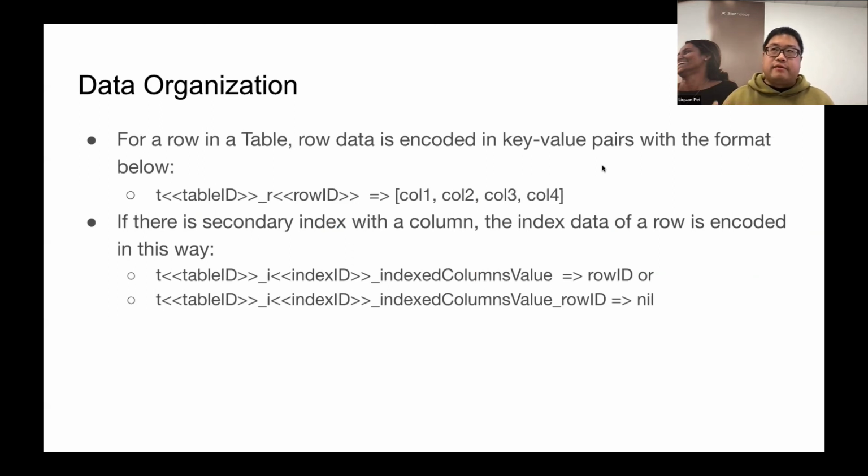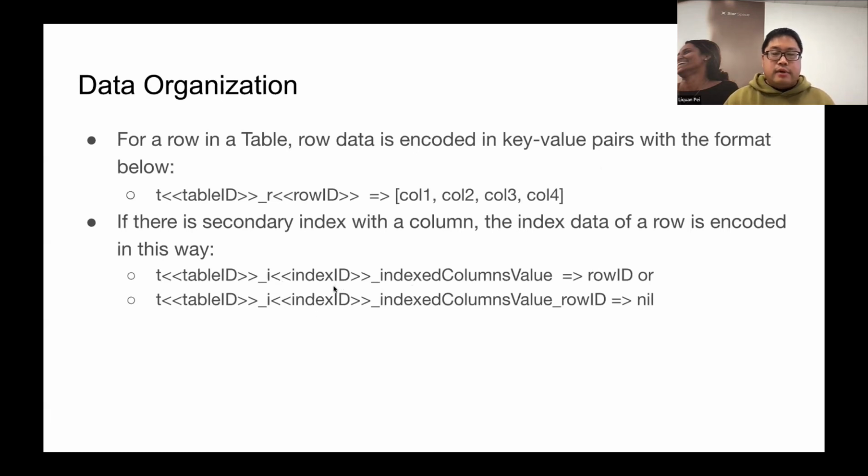We do the same thing for the indexes. An index is represented similarly as key-value pairs, but using a different set of encoding. For example, if you have a secondary index, there will be a T prefix with the table ID and then an I with the index ID.